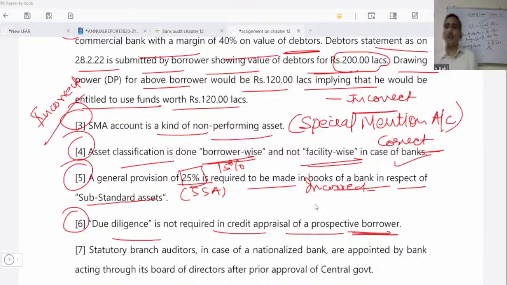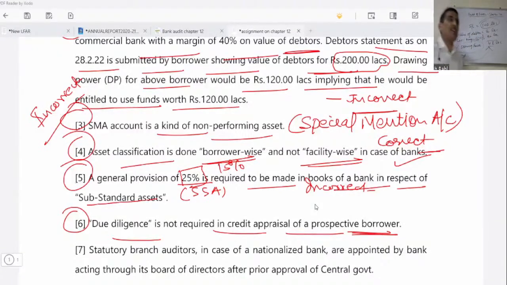Yes, Preksha Kothari has also answered correctly, 15%. Due diligence is not required in credit appraisal of a prospective borrower.